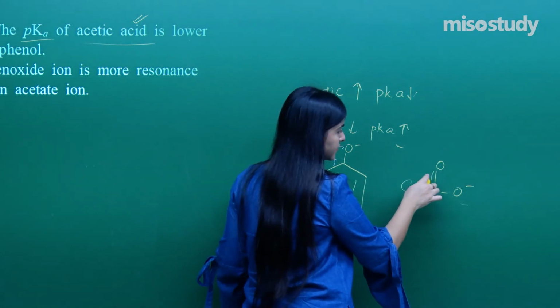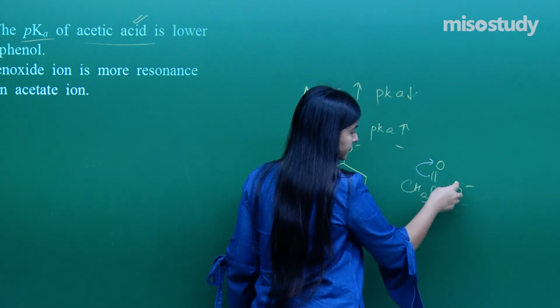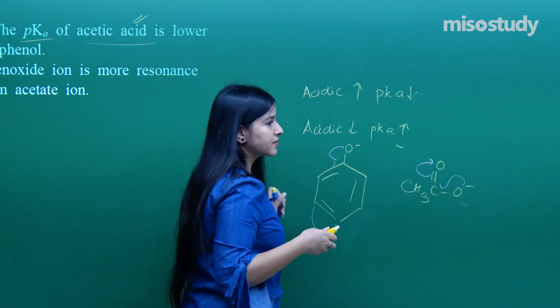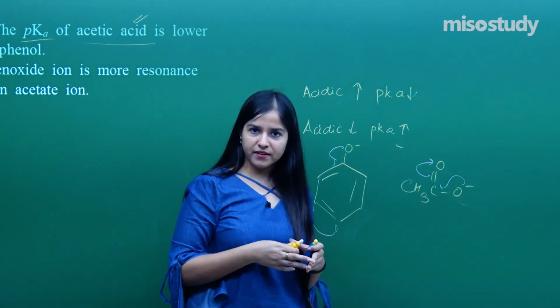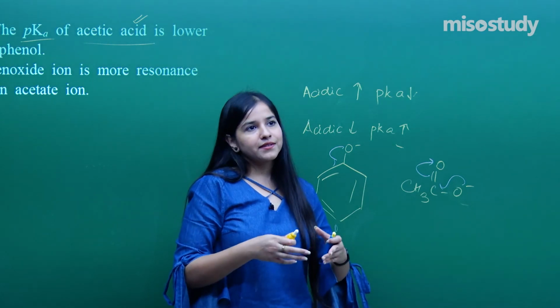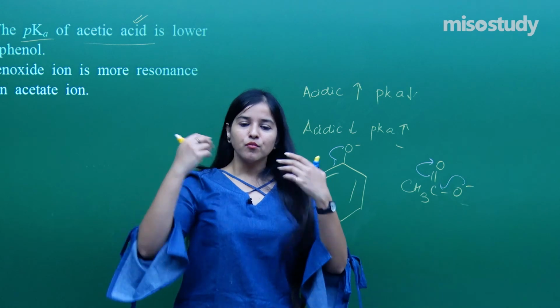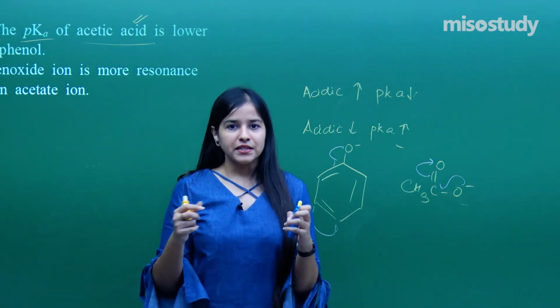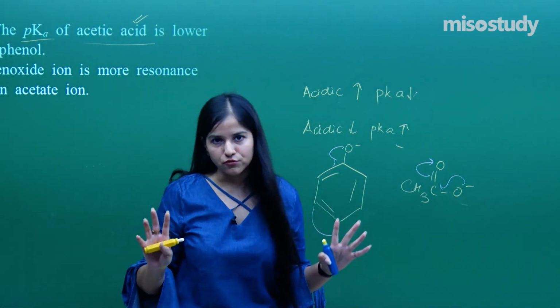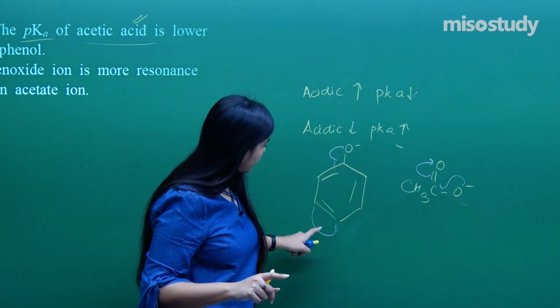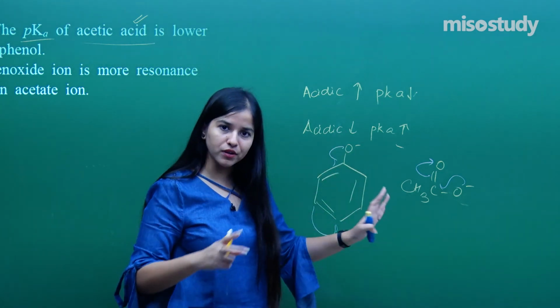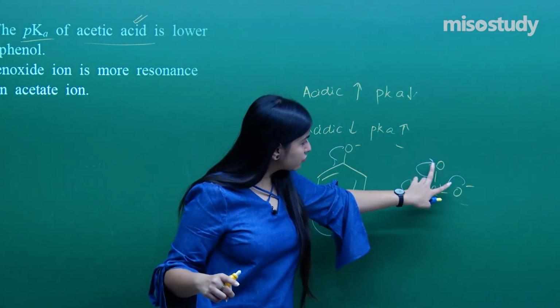And that is how the resonance occurs. Fine. So you must be knowing what the criterion for charge separation is. Yes or no? The more the charge separation, the less stable the compound will be.